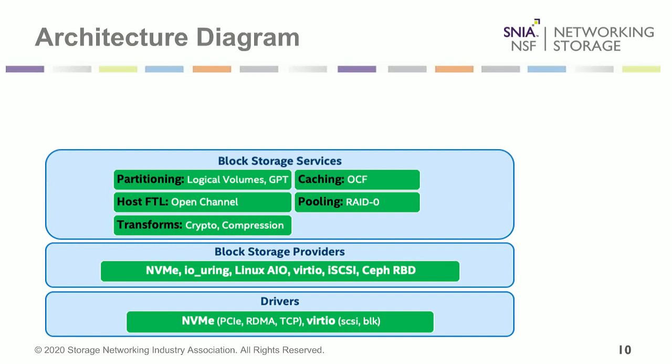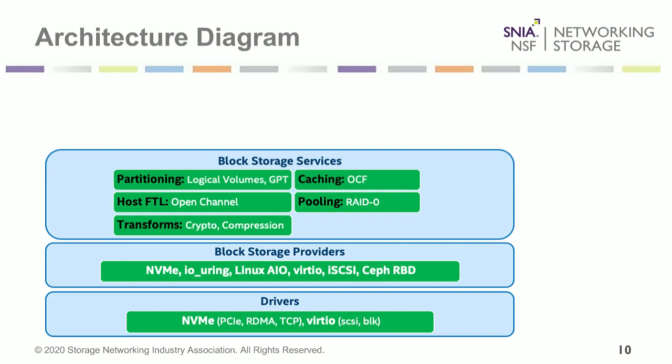But this is all stackable. So we have a number of block storage services as well that, again, all work within this BDEV layer to do things like partitioning. We have a native SPDK logical volume implementation built on the block allocator that was mentioned during Ben's intro.